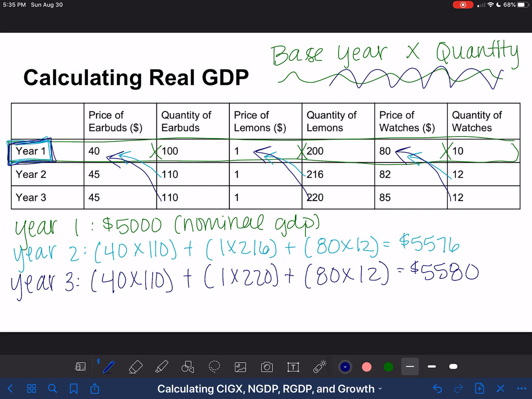That's how you calculate real GDP. Base year price times the current year quantity is our equation for real GDP. Now, if we compare these numbers, 5,000 to 5576 to 5580, we do see growth in these real GDPs. They increase constantly.